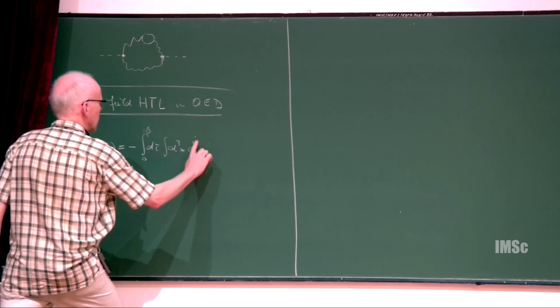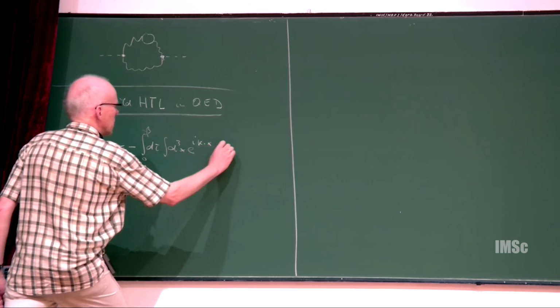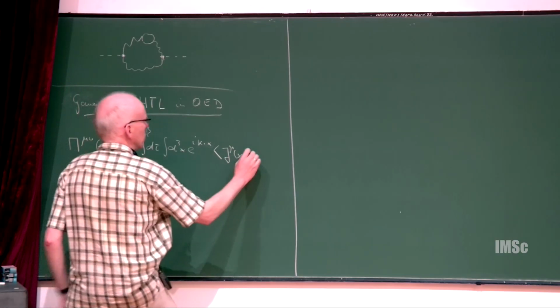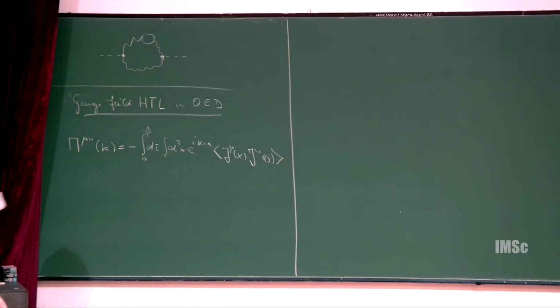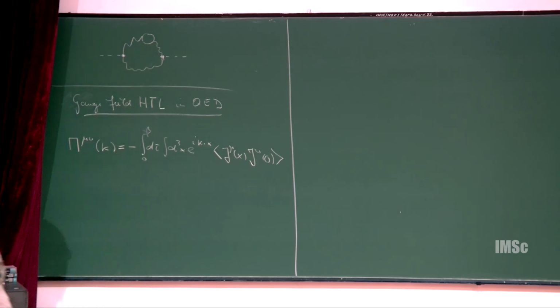So let's write it like this: k dot x, and then you have j mu of x, j nu of 0. Which is represented by this type of diagram here.